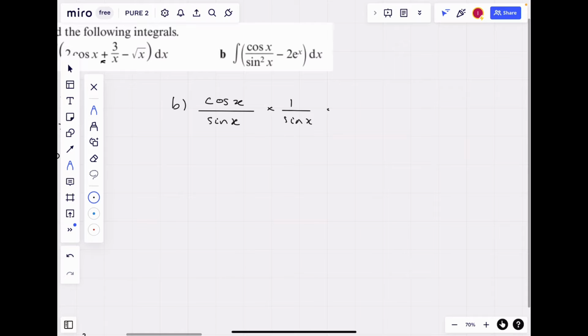what's cos x over sin x equal to? Cot x. And what's 1 over sine equal to? Cosec x. Okay? So, is there a way for you to integrate cot x cosec x?